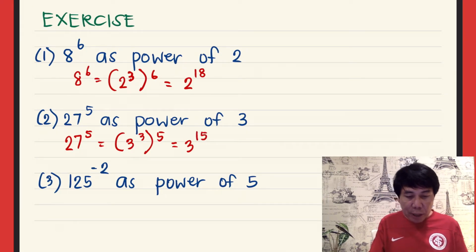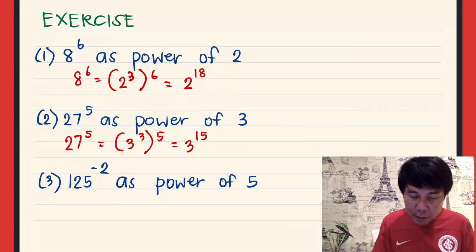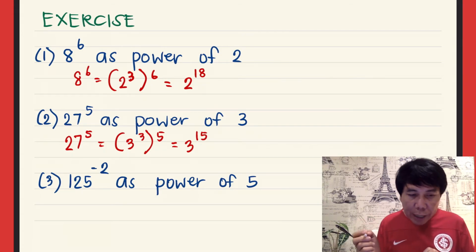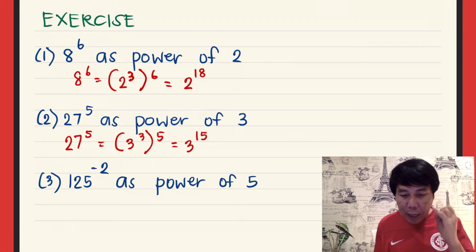Now let's proceed to number 3. What we have is 125 raised to the power of negative 2 as a power of 5. So what we can do is make the base 5. 5 times 5 is 25, times 5 is 125.